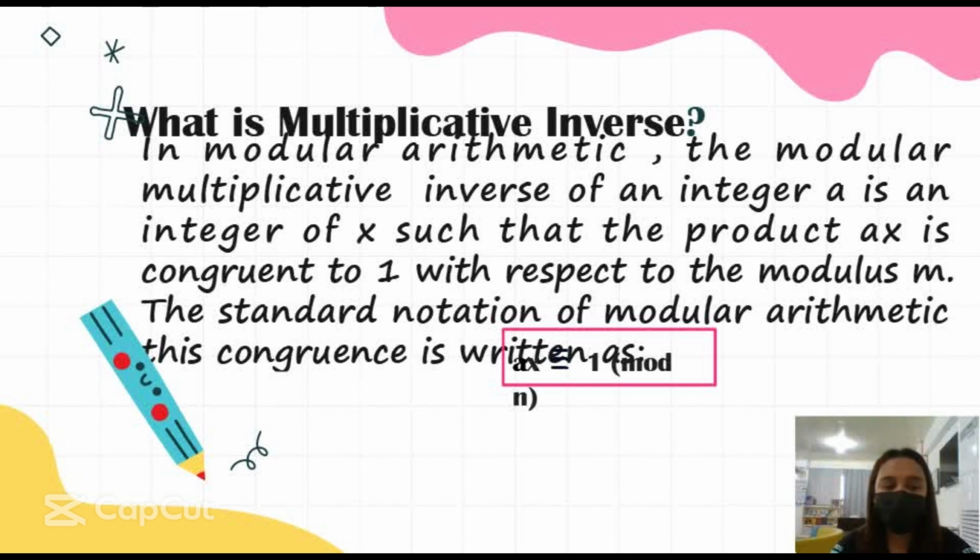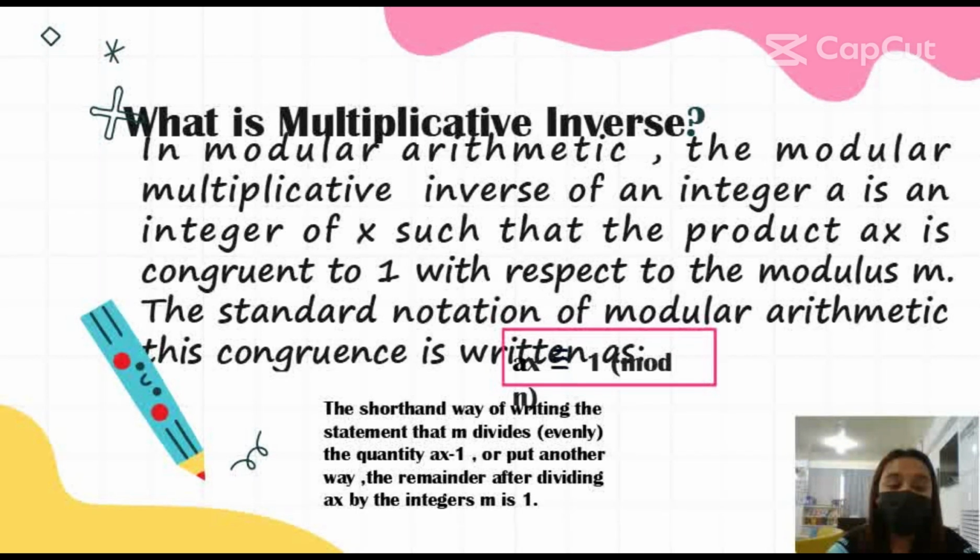The multiplicative inverse of a is denoted by a raised to the power of negative 1, or 1 over a. In other words, when the product of two numbers is 1, they are said to be multiplicative inverses modulo m.